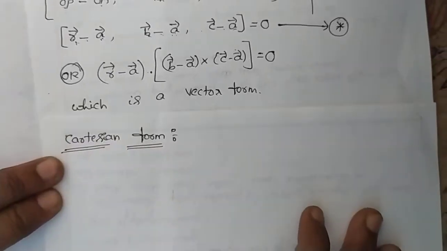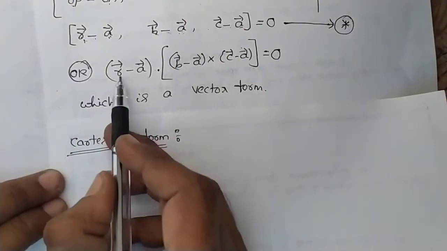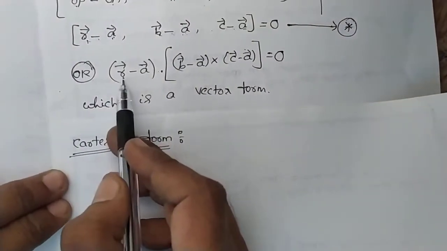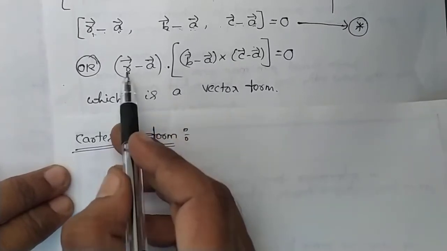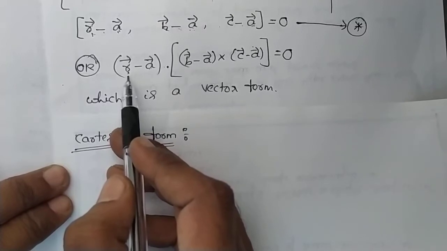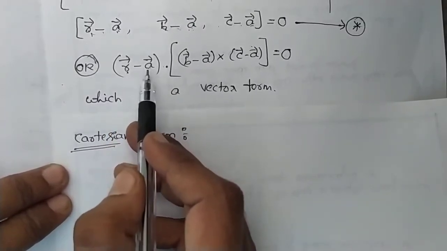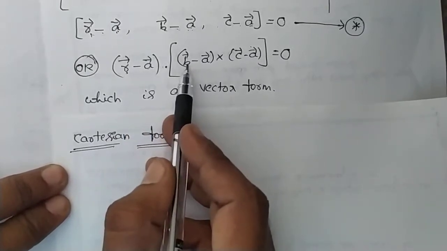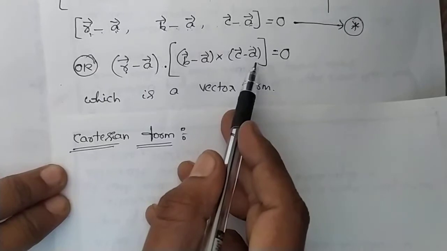I already told you in the diagram itself that R vector is nothing but x, y, z. I am representing this R vector in Cartesian form. A is nothing but x1, y1, z1. B is nothing but x2, y2, z2. C is nothing but x3, y3, z3.